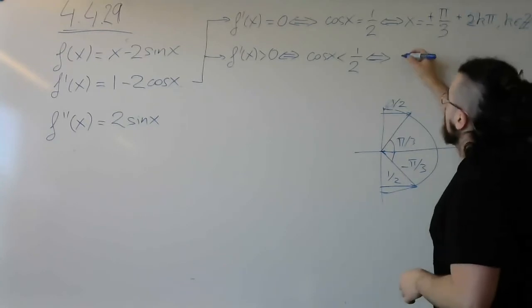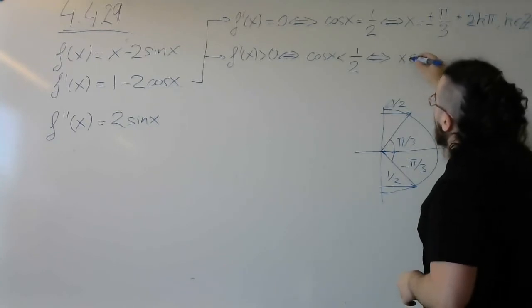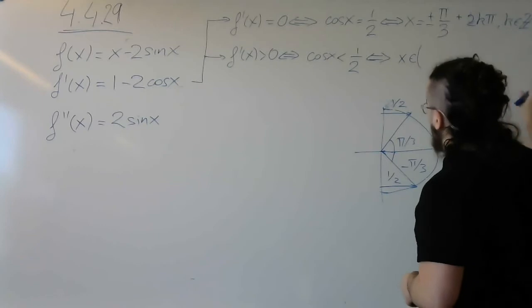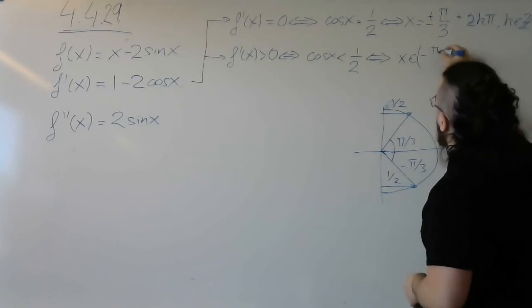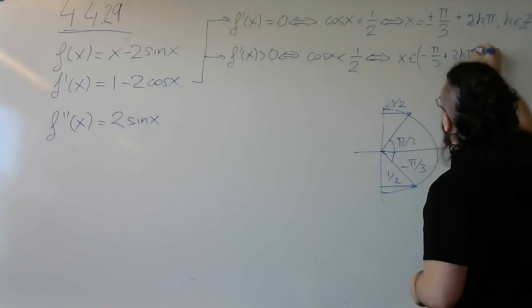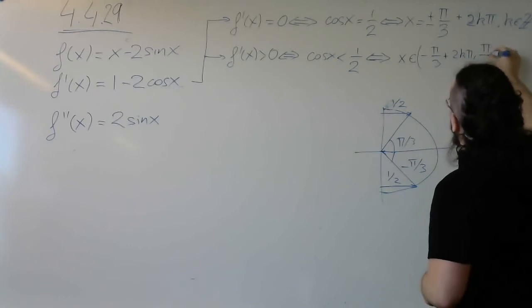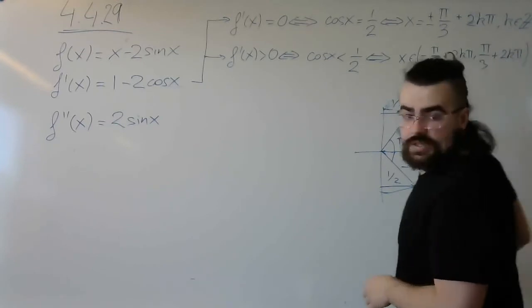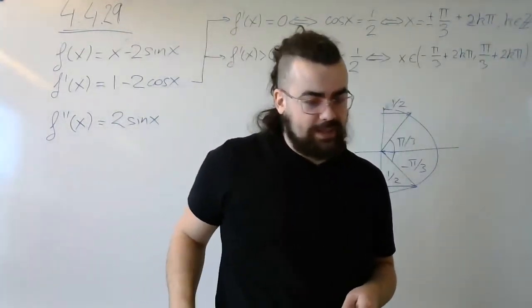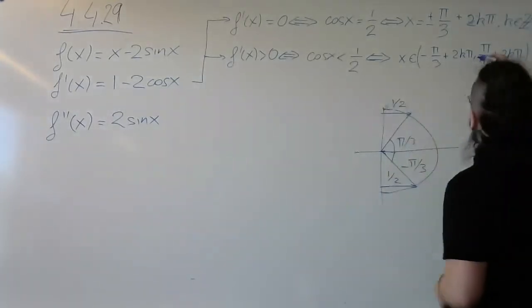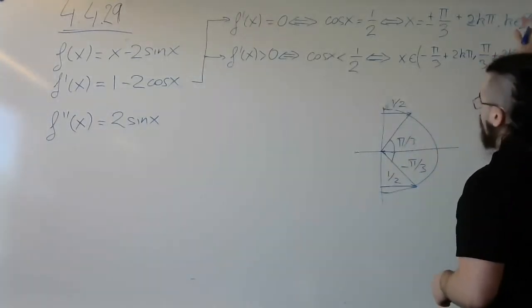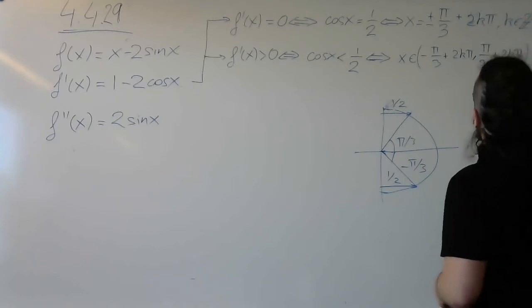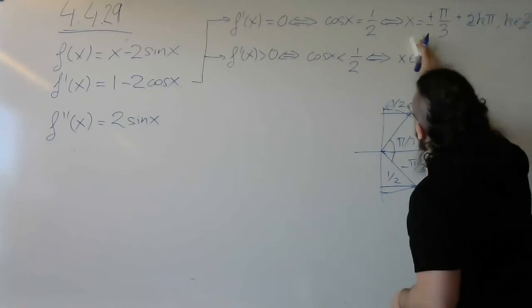Well, it means this angle is between minus pi thirds and pi thirds. And I don't know if this goes in camera, right? So this is not true, right? It's not true, indeed.